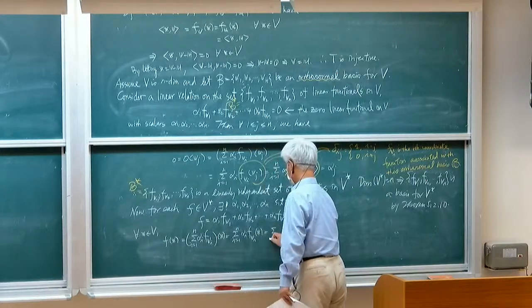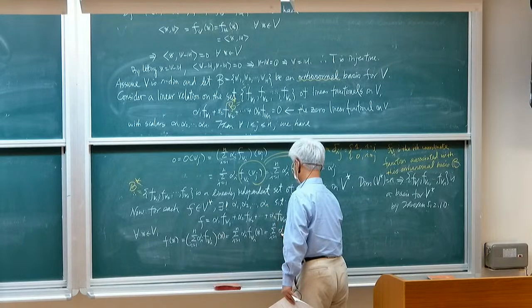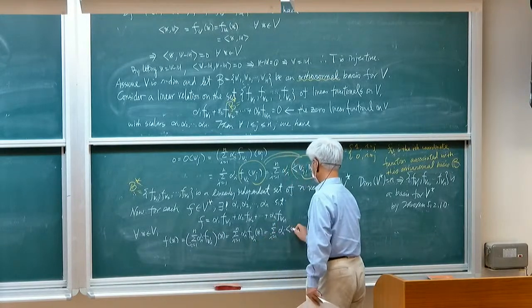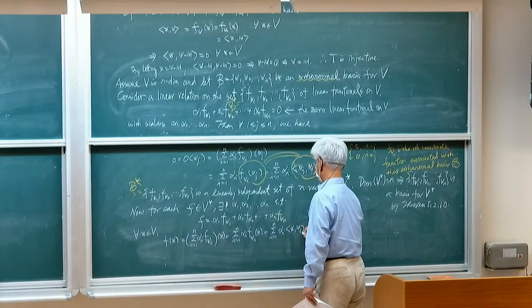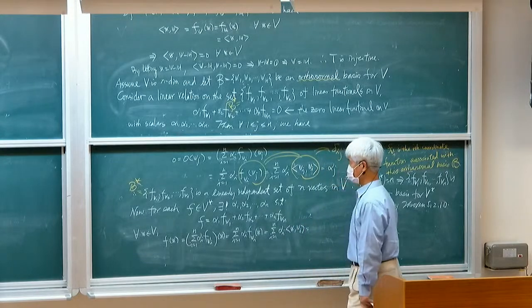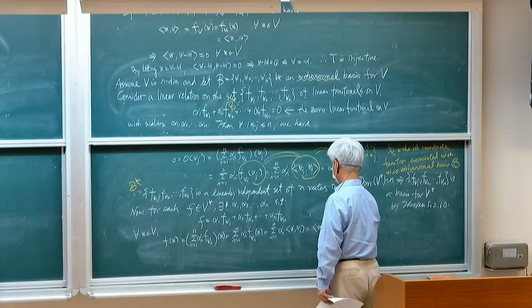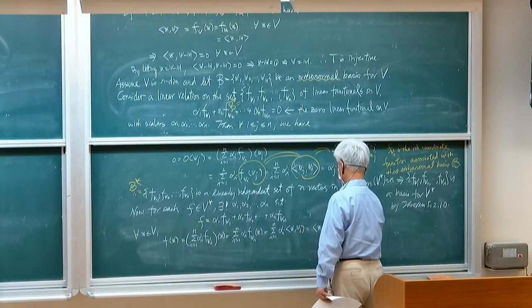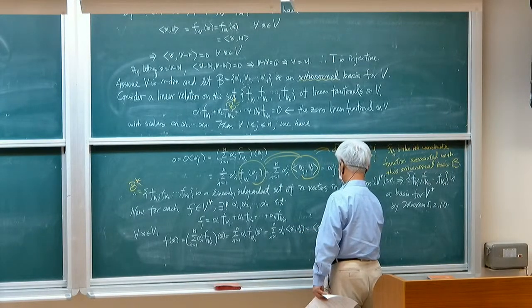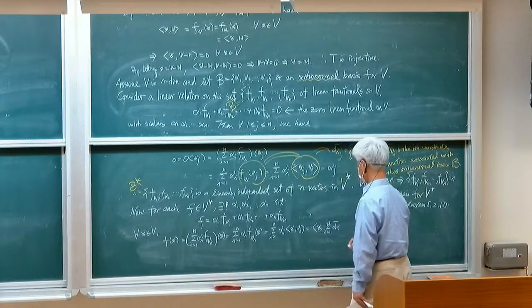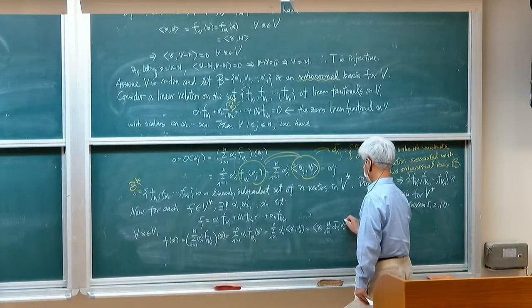By definition, this is the inner product of x with v_i. And you can observe that this summation, i from 1 to n, uses the complex conjugate of alpha_i and v_i.